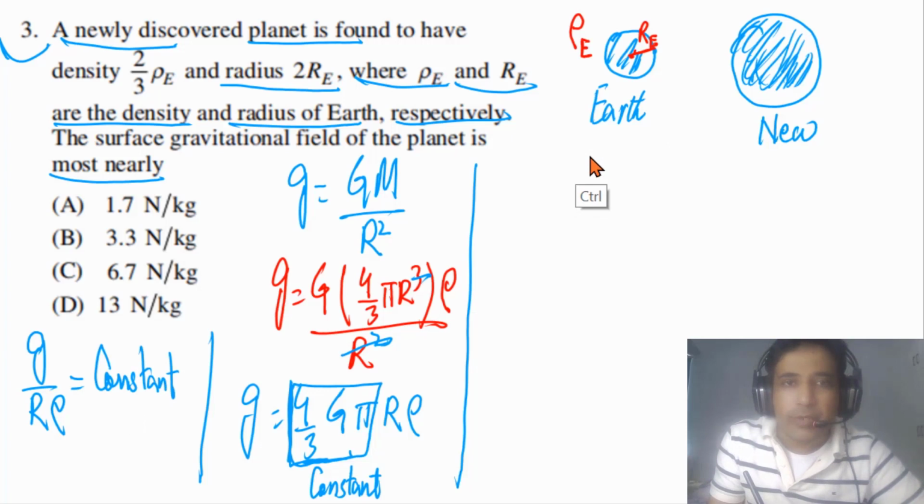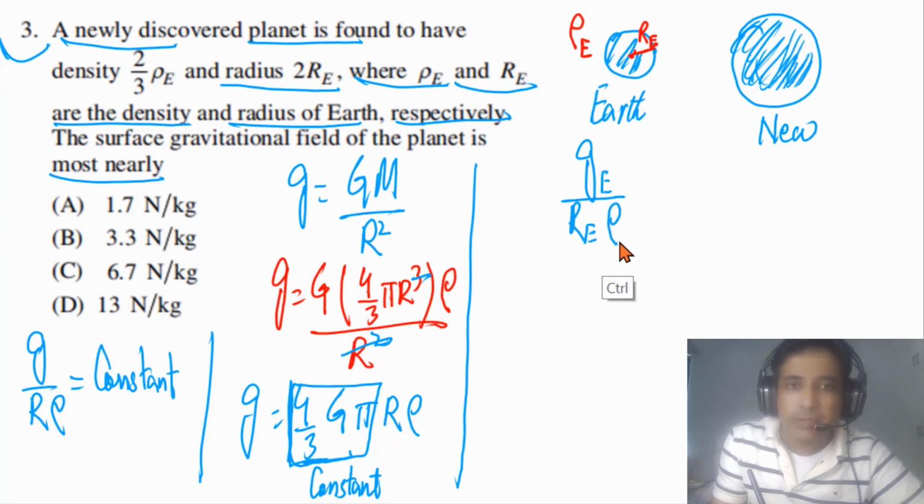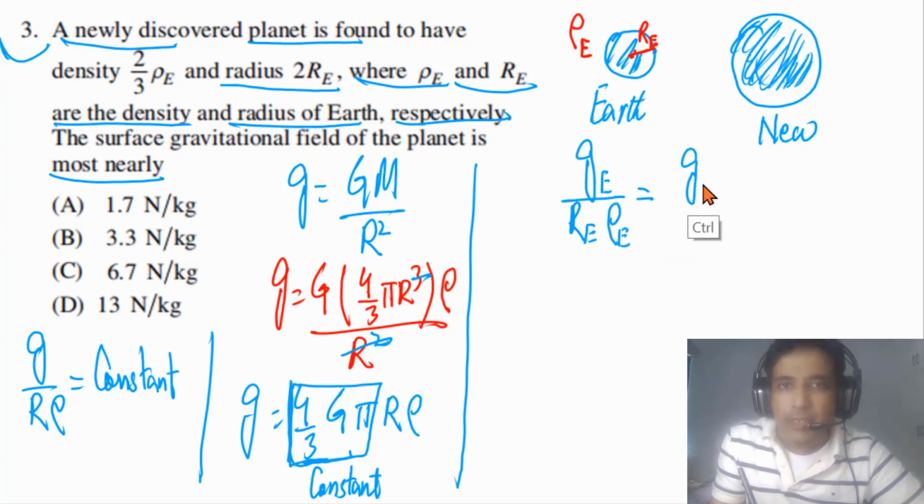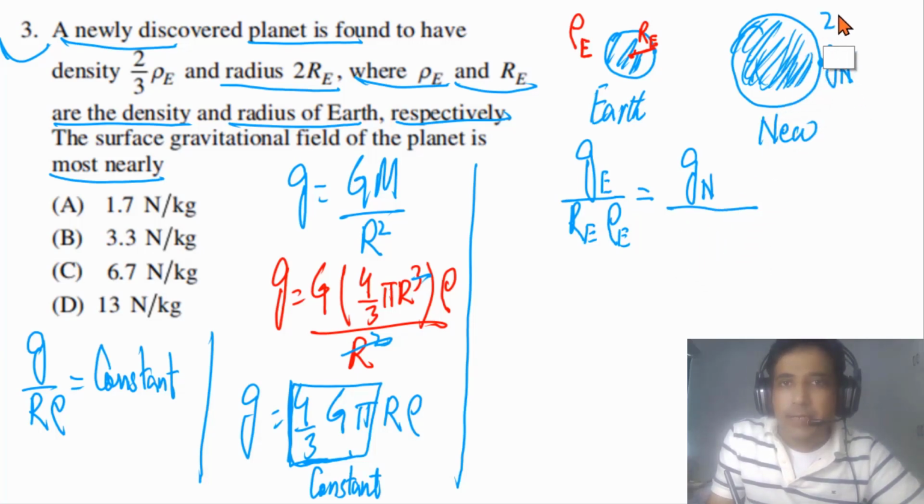So now we can write g for our planet over the radius of our planet times the density of our planet. This has to be equal to the value of g at the surface of the new planet, g_n, divided by the radius of this planet, which is 2 R_e, and the density of this planet, given as 2/3 ρ_e.